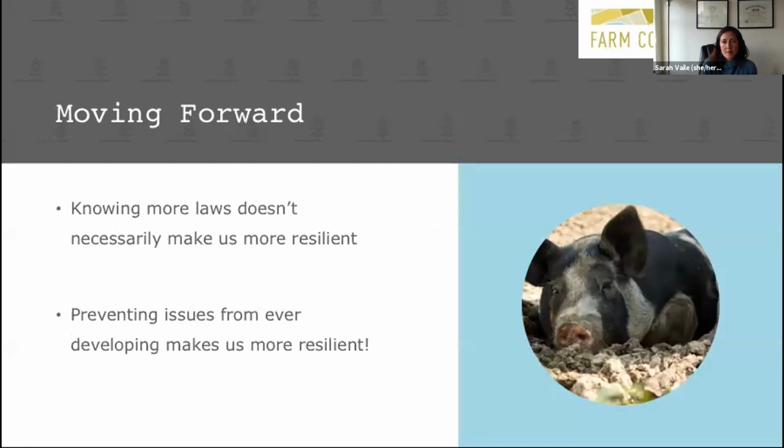So moving forward, know that knowing more laws doesn't necessarily make us more resilient, like I said. Preventing issues from ever developing does make us all as farmers more resilient.